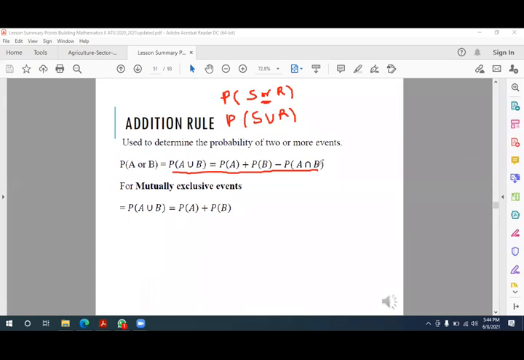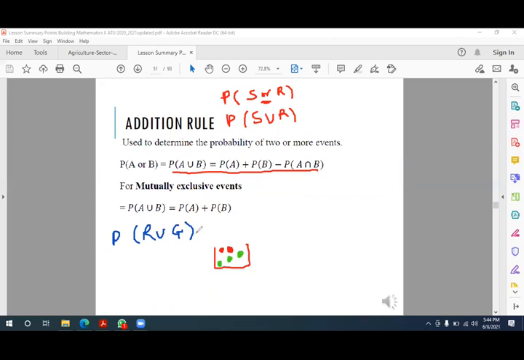So a typical condition is you have a box, and you have 2 red balls, and then let me change the ink to green, 3 green balls. And I ask you to find the probability of selecting a red ball or a green ball.